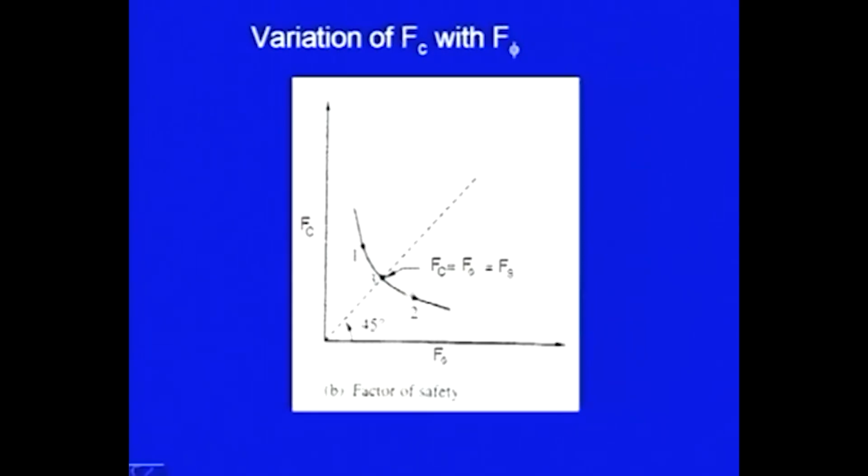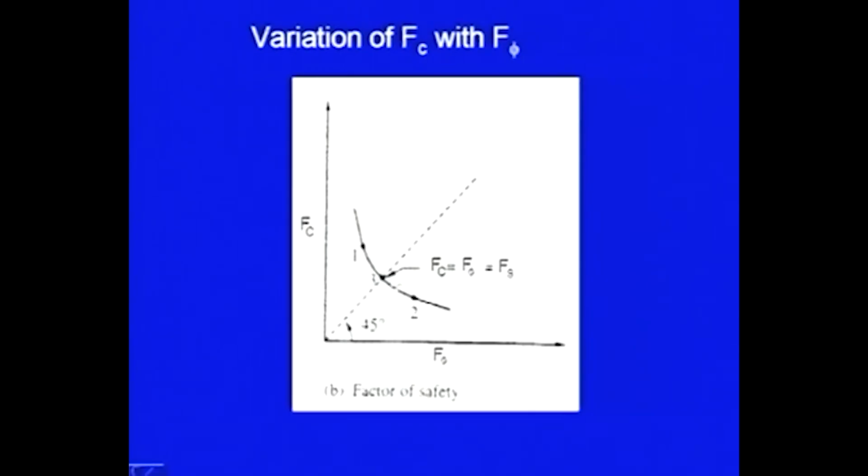Draw these points and join them by a smooth curve like this, and then the factor of safety against shear strength is defined as that factor of safety where F c and F phi both are equal, and it is defined equal to F s. So, the procedure is very simple.